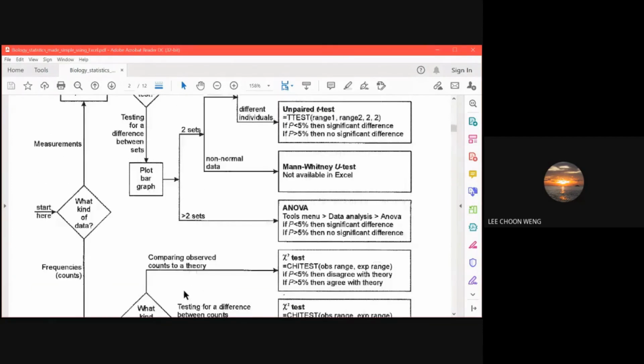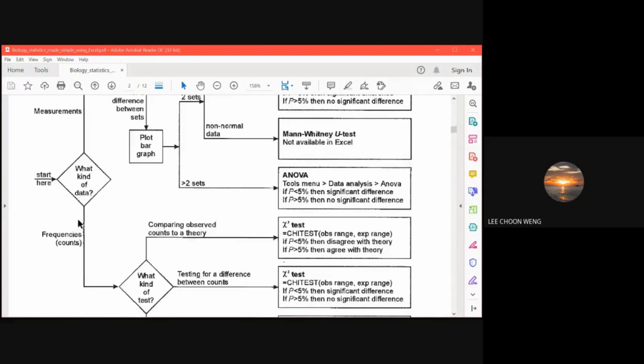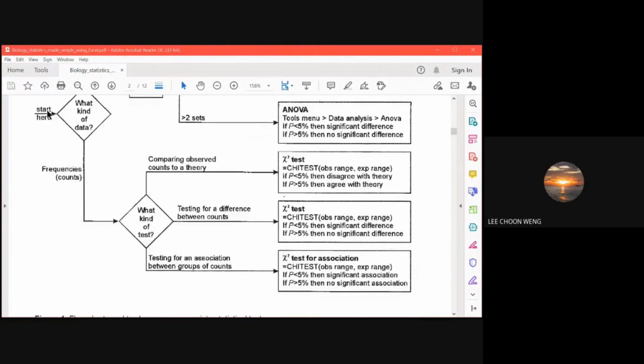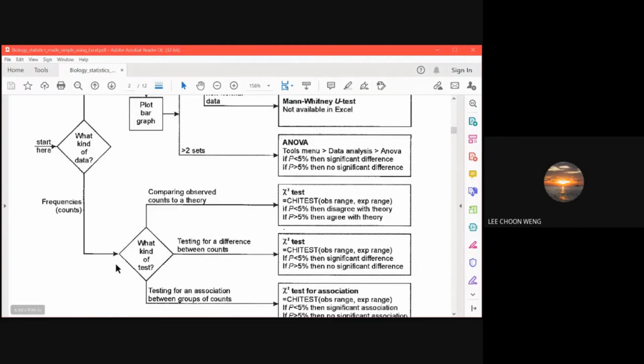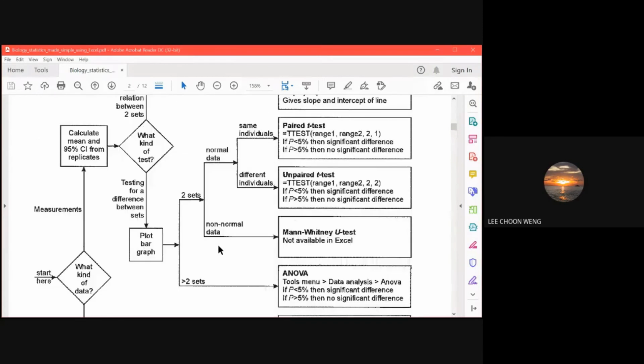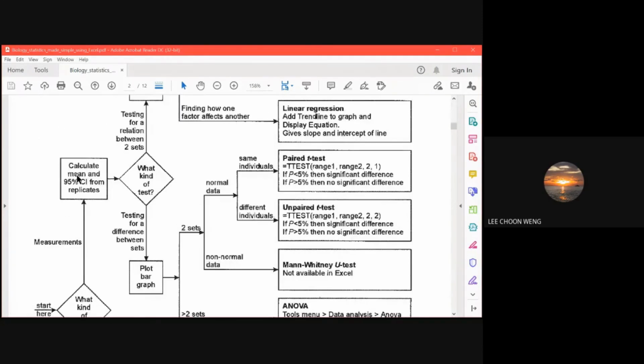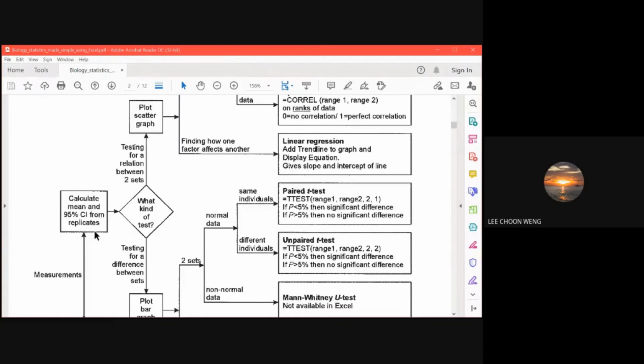The first thing you have to ask is what kind of data. If your data is counts, then they are giving you the chi-squared test. However, for us, we are more interested in measurements, so we can calculate the average.